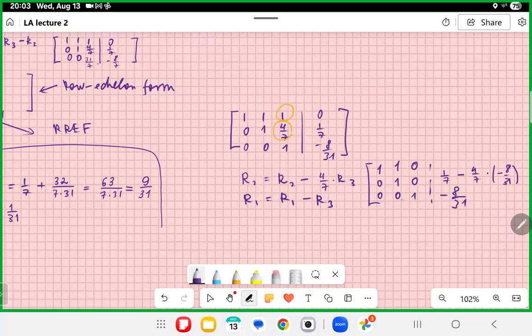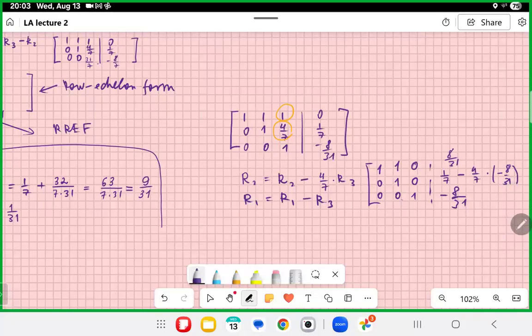And if I just subtract row number 3 from row number 1, I'm going to have 8 over 31 here because it was with minus. If I subtract it, it's going to be with plus. Now I'll need to calculate this conglomeration, and basically it's supposed to be already the answer.